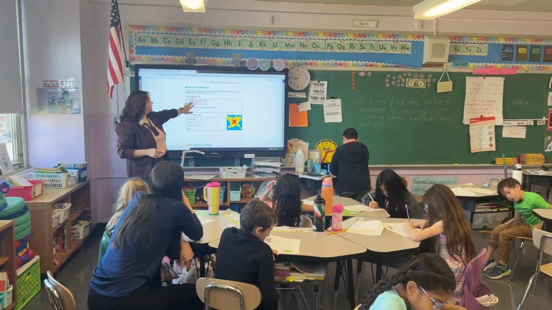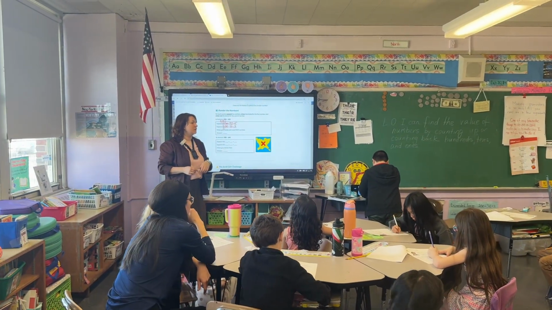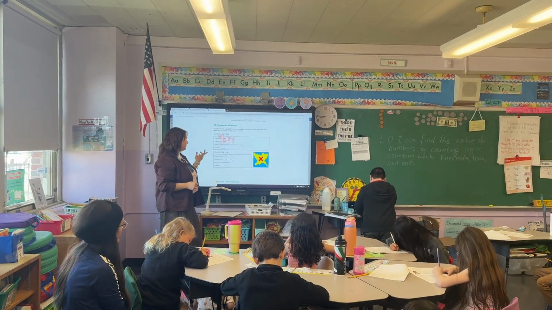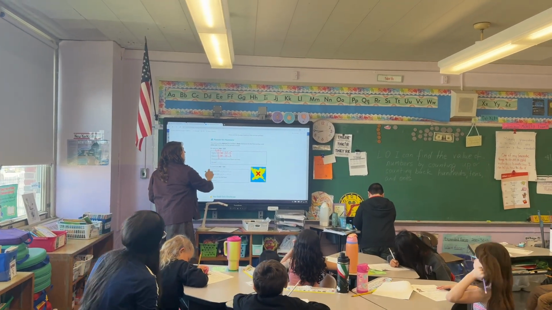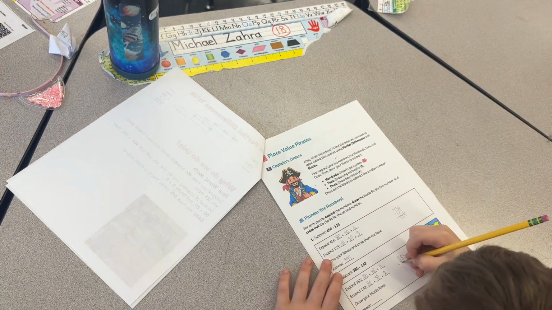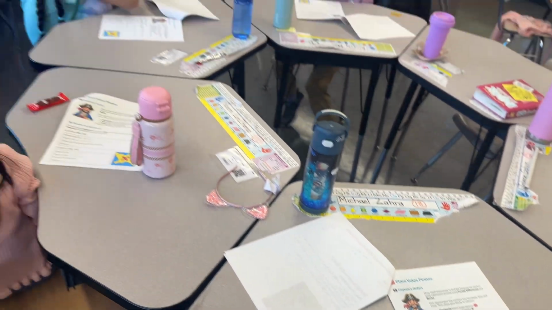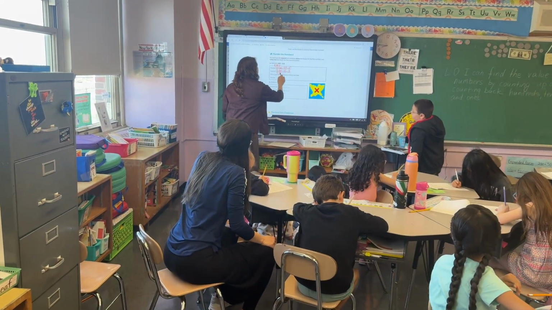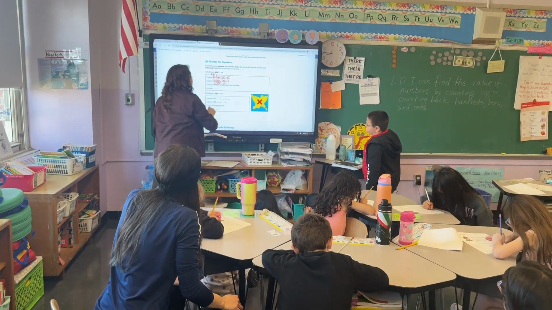Subtraction, what do we start with? Look. The small number or bigger number? Biggest. So we have 400 minus 100. How much is that? 300. Okay, 300 plus.